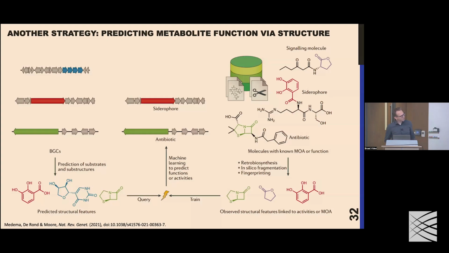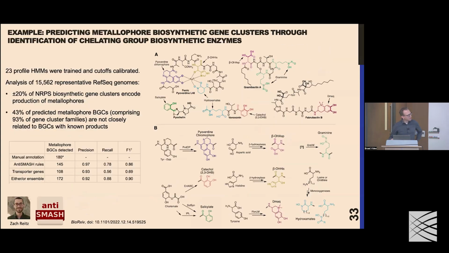As an example, Zach, whom I mentioned earlier, formalized this for metallophores. These are molecules that are metal binding. He looked in detail at all of the sub-pathways within more complex biosynthetic pathways that are involved in making substructures that are metal binding, so-called chelating groups.